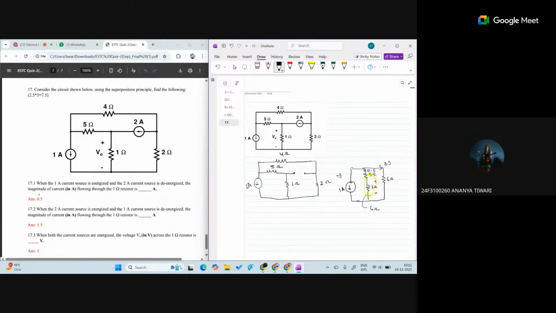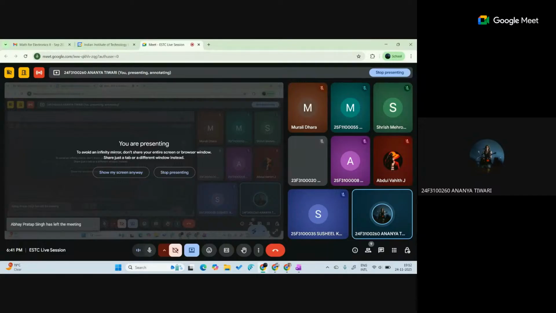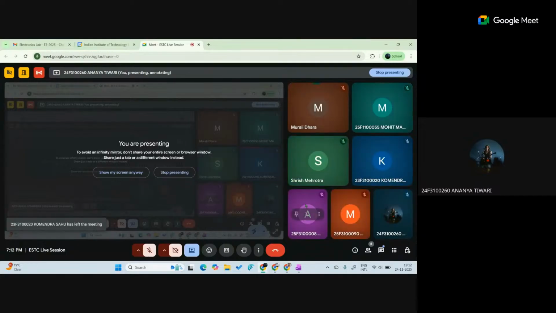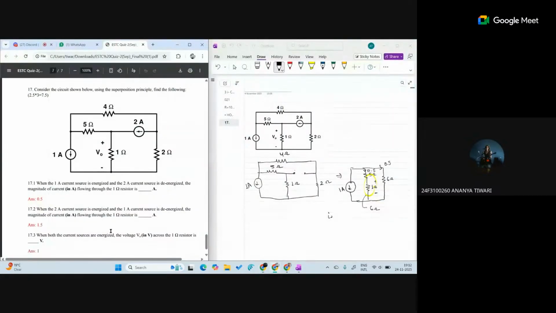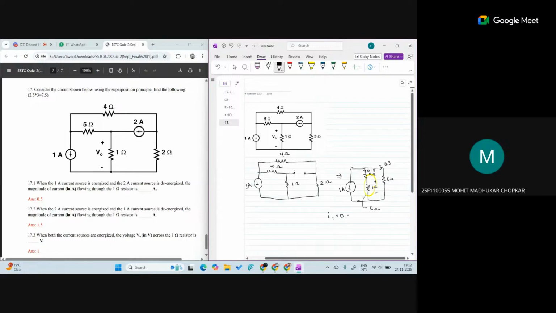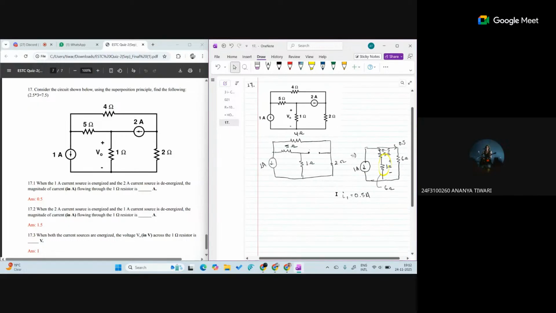So the current passing through would be 0.5, and the answer is 0.5.